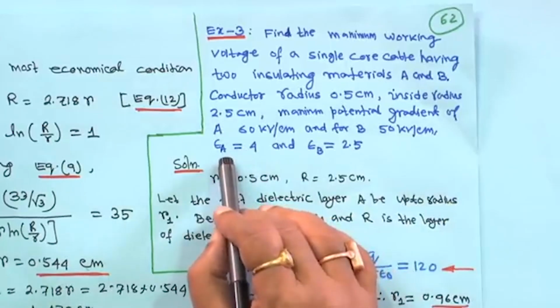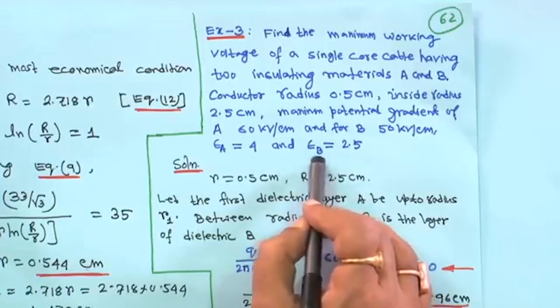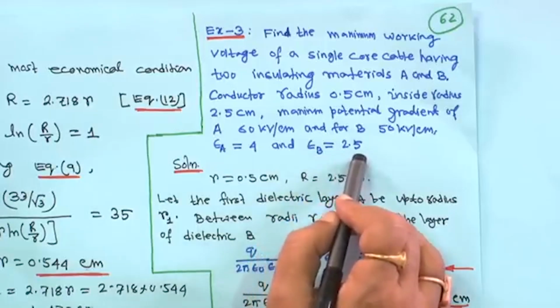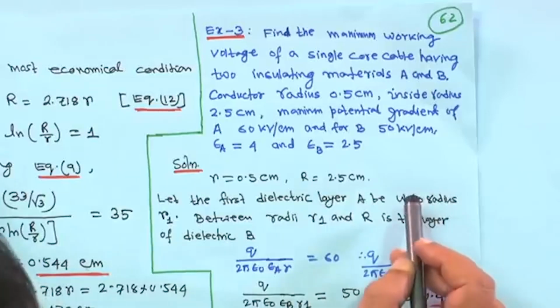For insulating material A, it is given epsilon A is equal to 4, and for insulating material B, epsilon B permittivity is 2.5. These are the parameters given. You have to find the maximum working voltage.